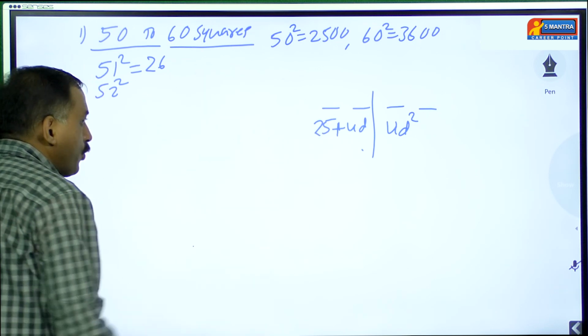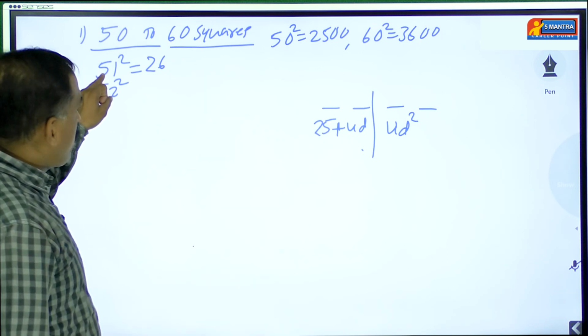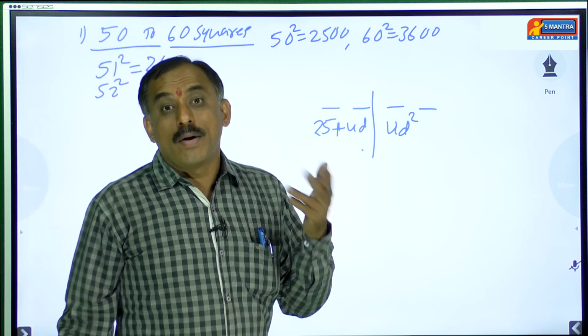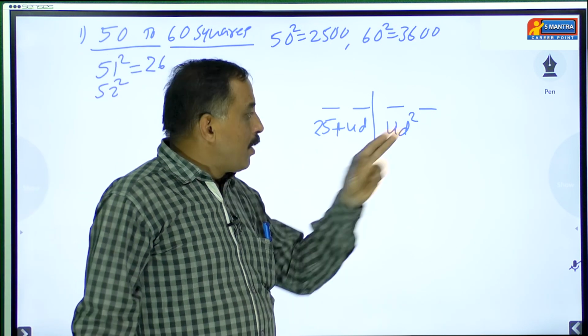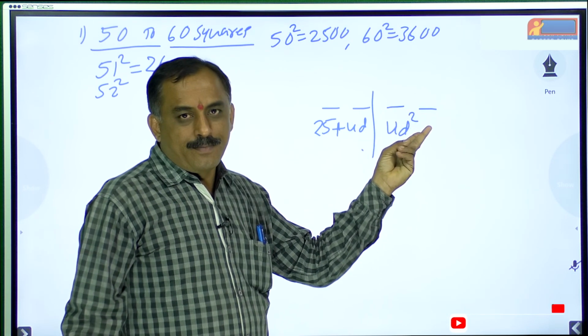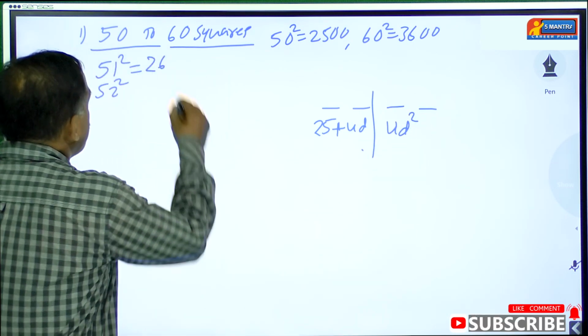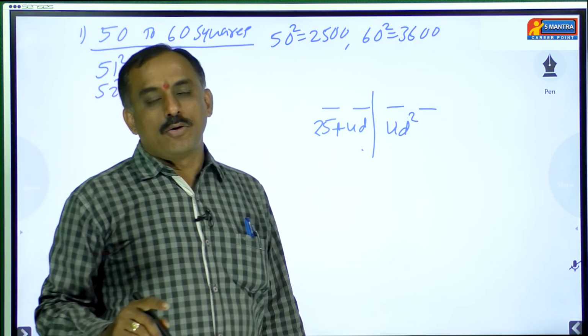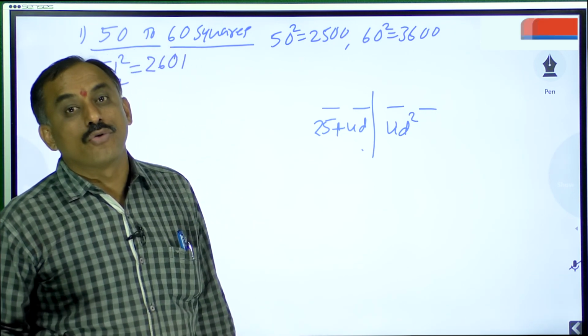Then the second part: 1 square is 1. 1 is not a 2-digit number, but we need a 2-digit number, so write 01. So 51 square is equal to 2601.